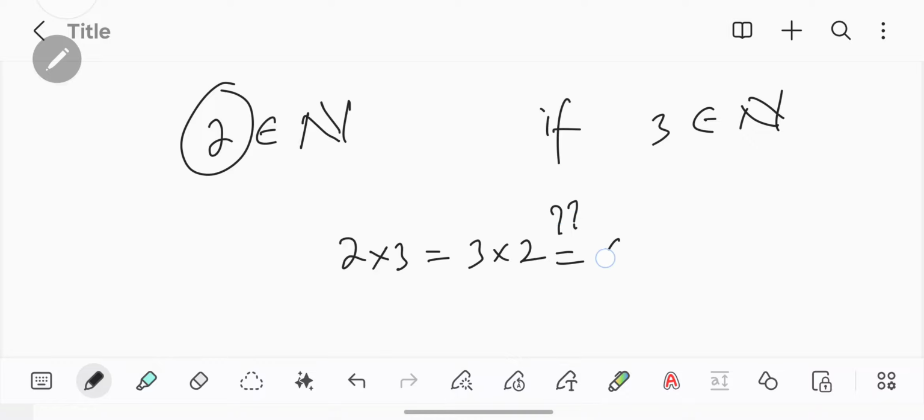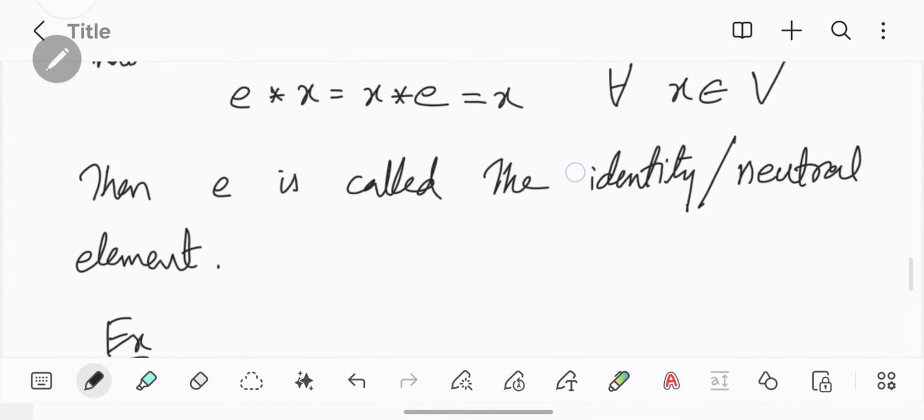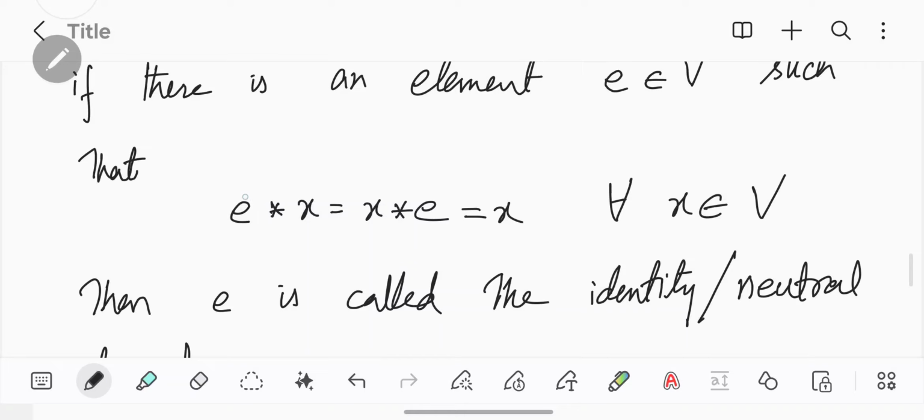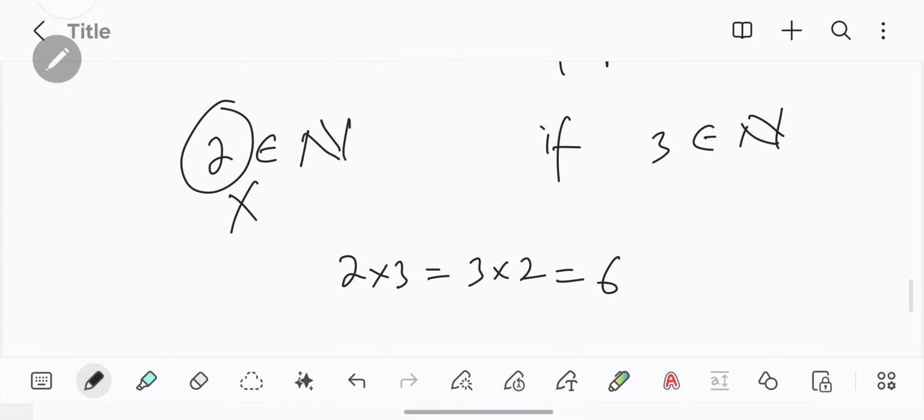No, you cannot get this. You will get 6. So that means 2 is not playing that role, because that role means if you multiply E from the left side or from the right side, you will get no effect of E. But here in this example, 2 is having an effect on 3 because 3 got changed after multiplication with 2. So 2 is not that number.